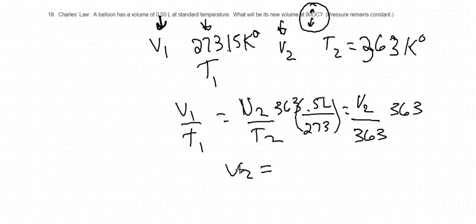What was it? 363. Yeah. 999 equals V. So then you just divide.